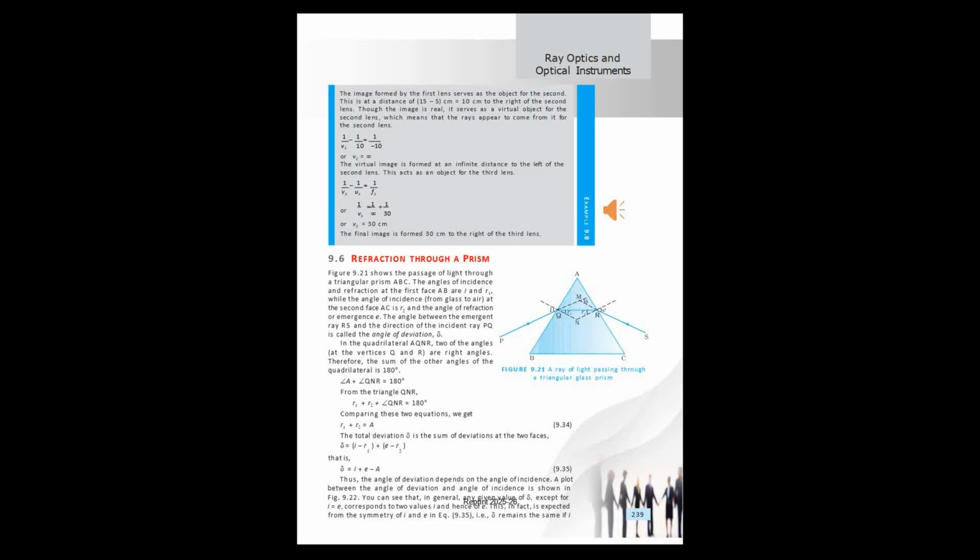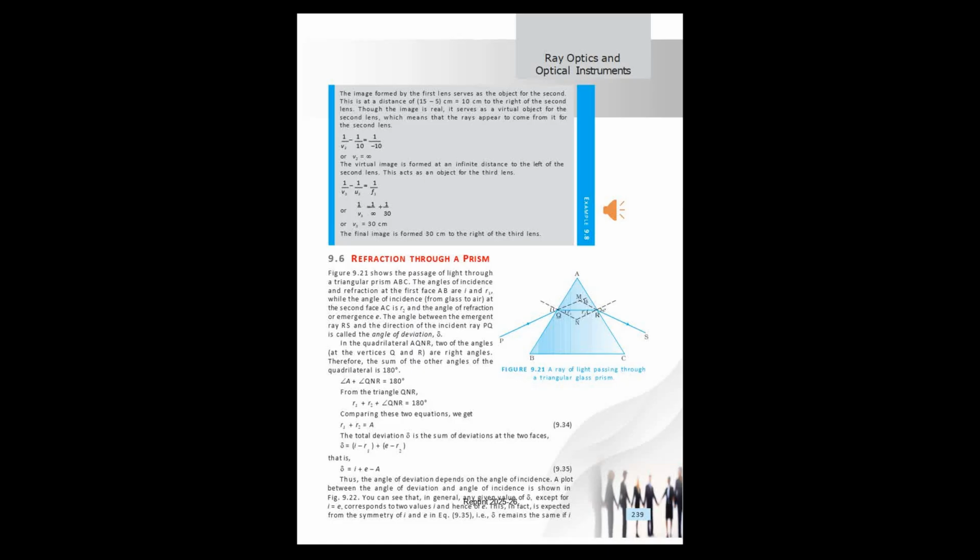Thus, the angle of deviation depends on the angle of incidence. A plot between the angle of deviation and angle of incidence is shown in figure 9.22. You can see that, in general, any given value of delta, except for i equals e, corresponds to two values of i and hence of e.